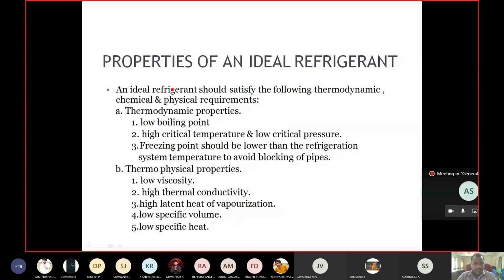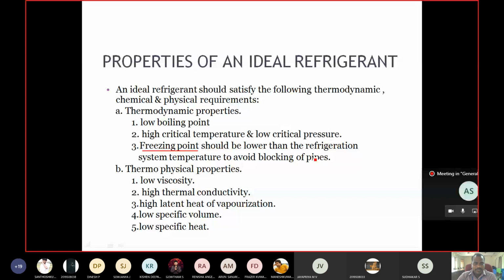The freezing point should be lower than the refrigeration system temperature to avoid blocking of pipes, so the freezing point should be carefully taken. If the freezing point is greater than the refrigeration system temperature, there is a possibility of freezing, which will cause blocking of pipes.